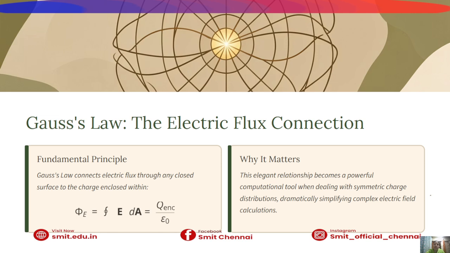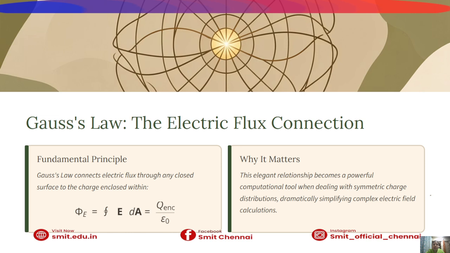Next, we see about Gauss law, the electric flux connection. Gauss law establishes a relationship between the electric flux passing through a closed surface and the total charge enclosed within that surface. Electric flux is a measure of the number of electric field lines passing through a given surface.